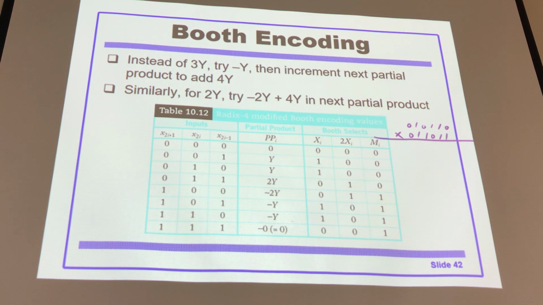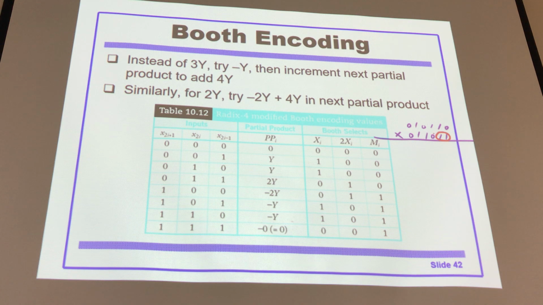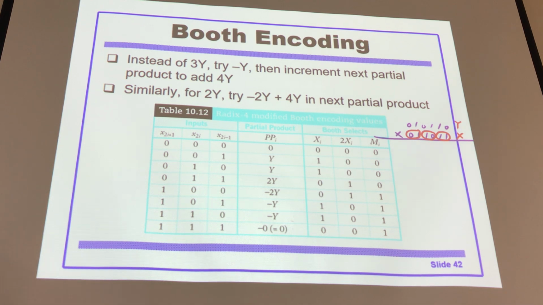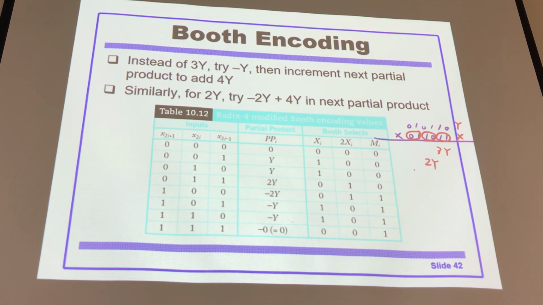Okay. Let's say we look at 2 bits at a time for the multiply. Okay. This is y. This is x. So there are only 3 partial products. The first one is going to be 3y. Okay. The second one is going to be 2y. Then going to be y. Right?